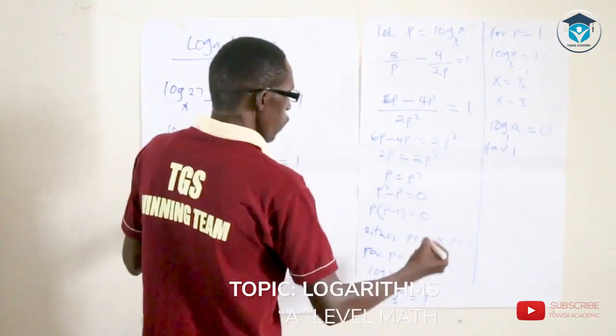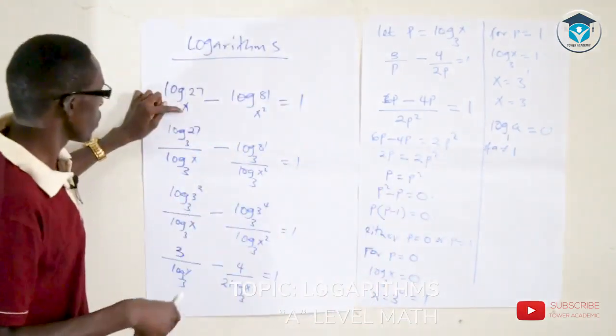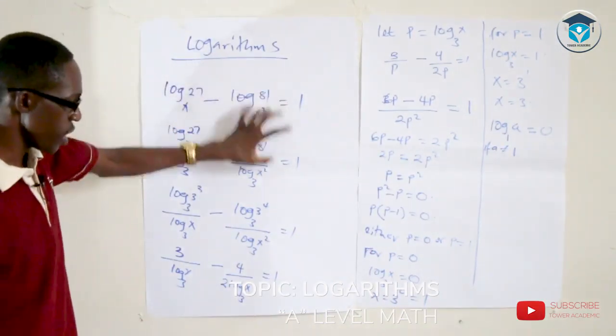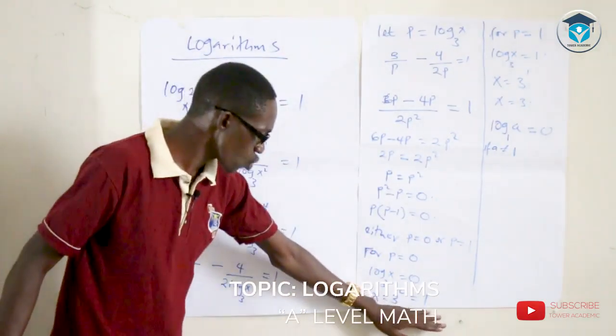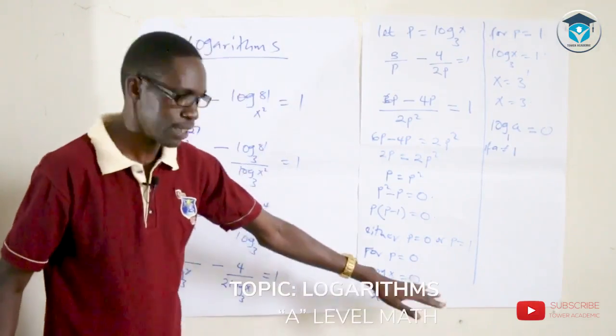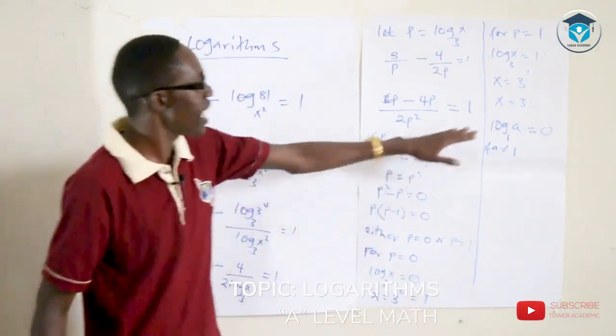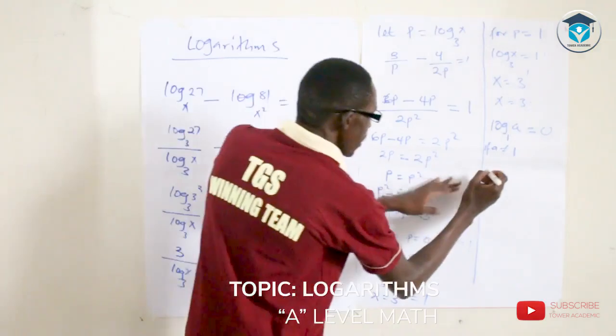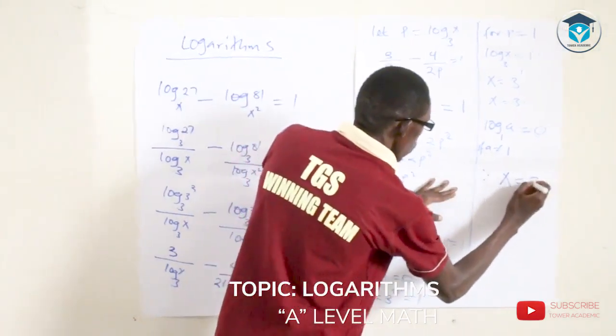So therefore, when we substitute in here 1, this equation will be invalid. So therefore, this x equals 1 is not correct. The only value of x that is correct is 3. Then we conclude, therefore, x is equal to 3.